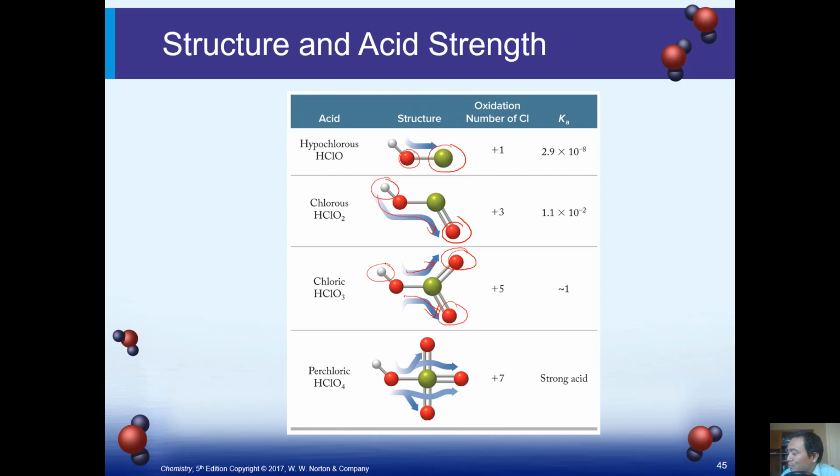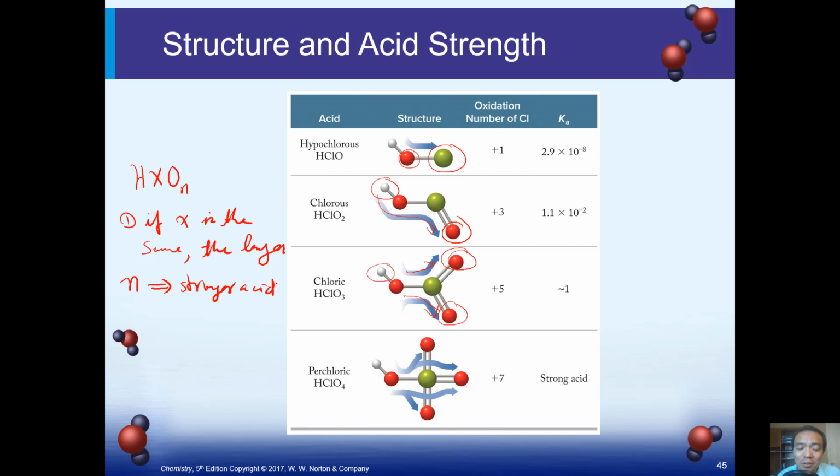So that explains why for an acid like HXOn, if X is the same, the larger N, the more oxygen you have, will give you a stronger acid, because you will have more oxygen pulling electron density away from that hydrogen in successive mode.